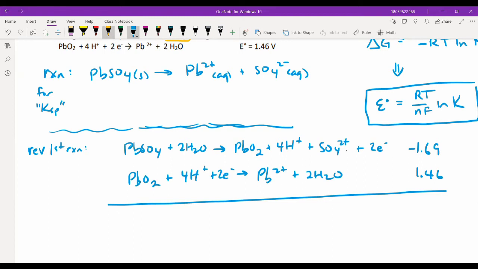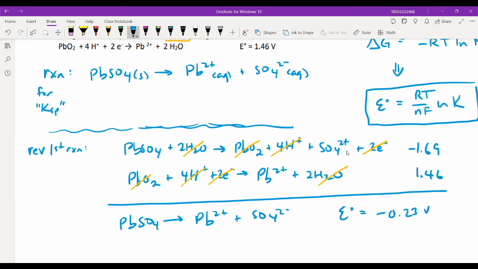Well, lo and behold, we're going to cancel out a lot of things like PbO2, the 4H+, the 2 water, the electrons, and then we're going to have, just like we said, the reaction that we want for the KSP value, which is just dissolving and dissociating lead sulfate. So the E naught value, if we add these together, is negative 0.23 volts, right?